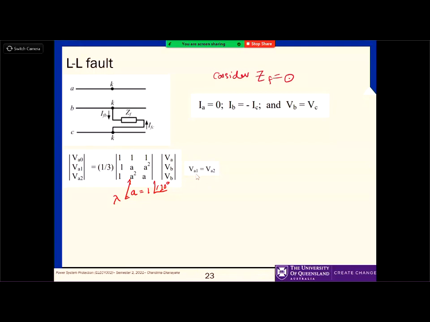This means that if you are looking at the fault between B and C, then the positive sequence and negative sequence voltages at A are equal. It is like two resistors connected in parallel: the voltage across those two resistors is equal. So if the two voltages are equal, it looks like those two circuits are in parallel.